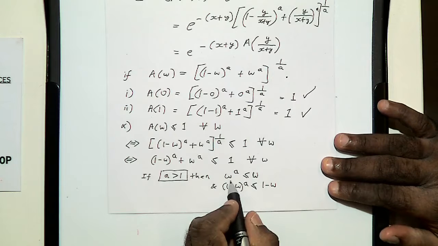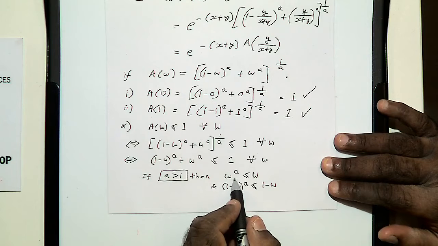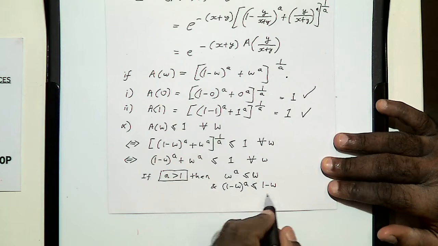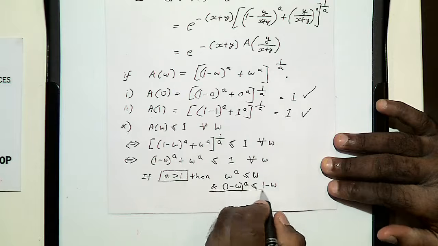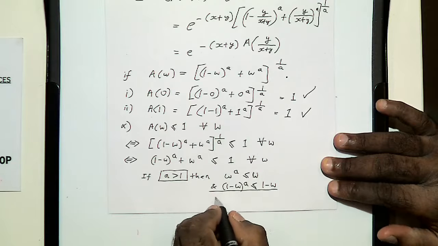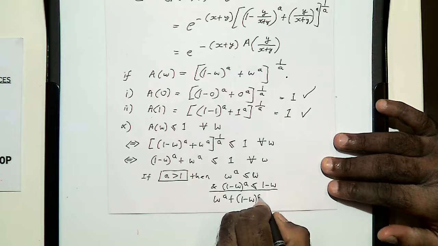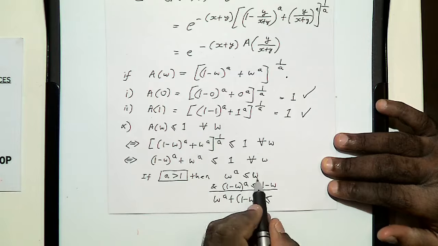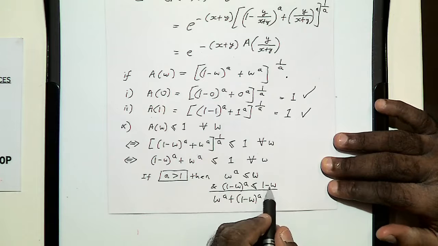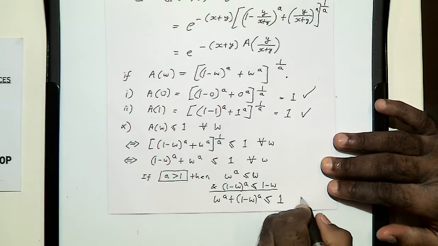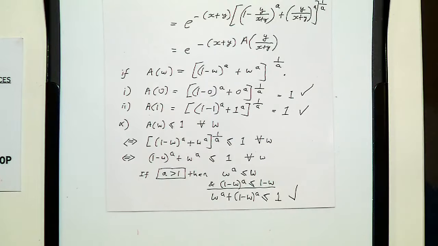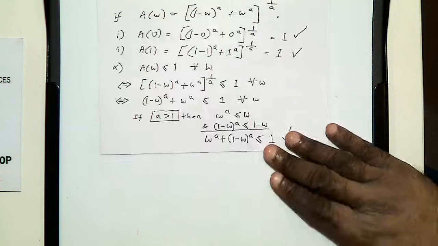Omega is a number between 0 and 1, and therefore if you raise that to a power greater than 1, it has to be less than or equal to this, and the same here. So you sum these two, that is omega to the power A plus (1 minus omega) to the power A is less than or equal to omega plus 1 minus omega, which is 1. So this condition is satisfied. You guys okay? Right, now that's alpha.